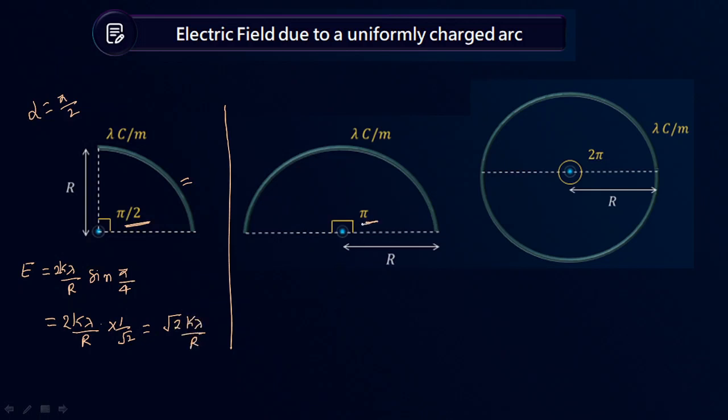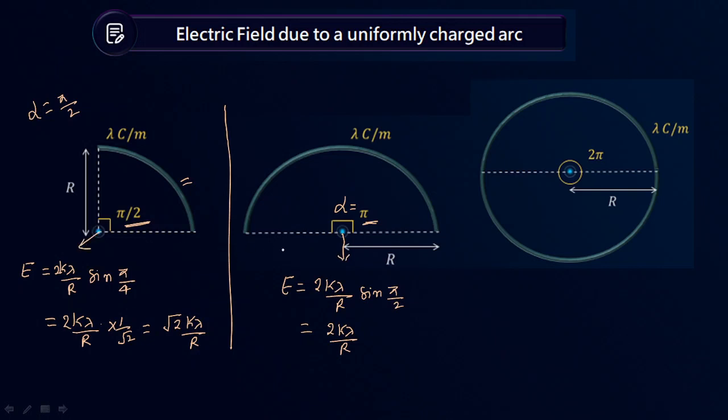In the second case, alpha equals pi. Now E equals 2k lambda by r sine theta by 2, that is sine pi by 2, which is 1, so it equals 2k lambda by r, and in this case the direction will be along the angle bisector.